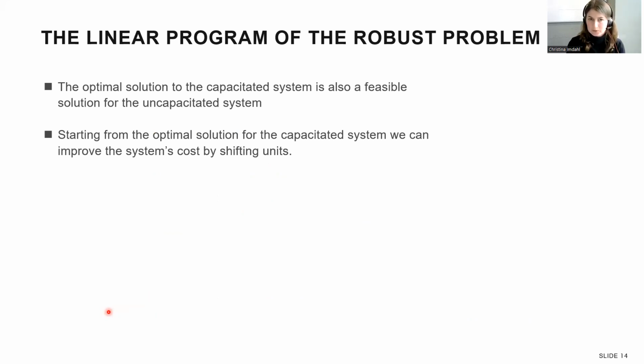As said, the optimal solution to the uncapacitated system is also a feasible solution for the capacitated system. And if we start with that solution, that base stock policy that is optimal in the uncapacitated problem, then we can improve the system cost by shifting units.